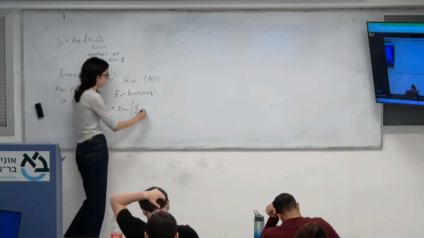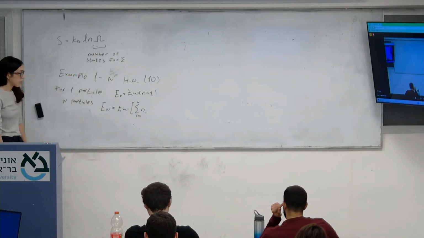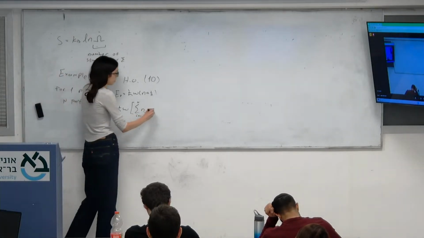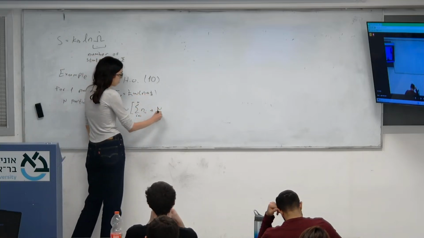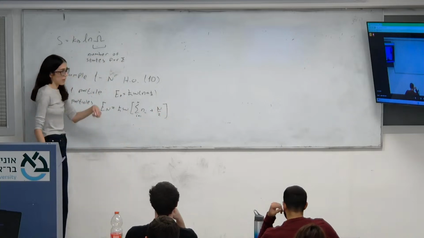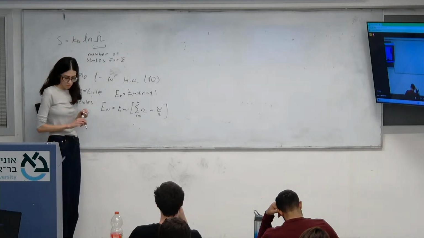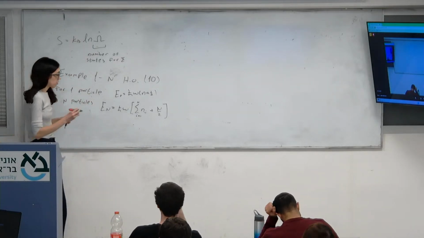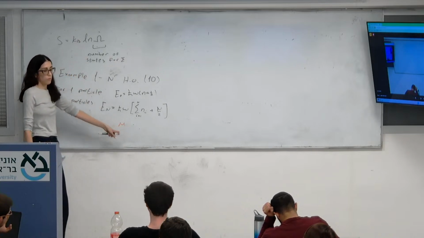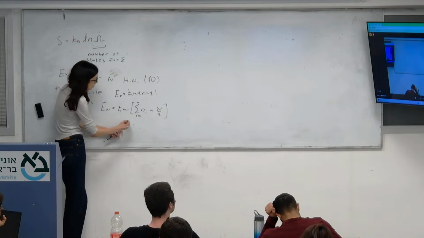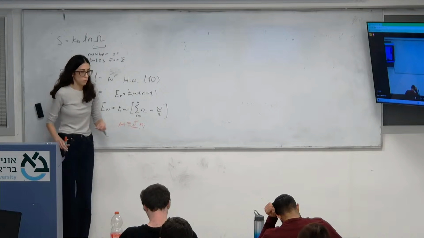So I have n_i, where i goes from 1 to capital N. And I also have, for the half, just N over 2. So each particle contributes half. So let's define a parameter m that is just the sum of all of the n_i.